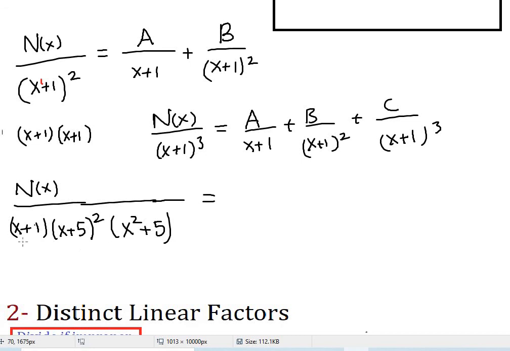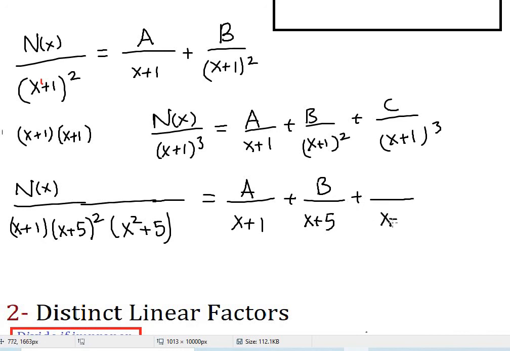Here we have 1, 2, 3, and we have here 4 factors. One factor is x plus 1, which is a linear factor, so we use some constant a for the numerator. We have x plus 5 repeating, so for the first factor we use some constant b.